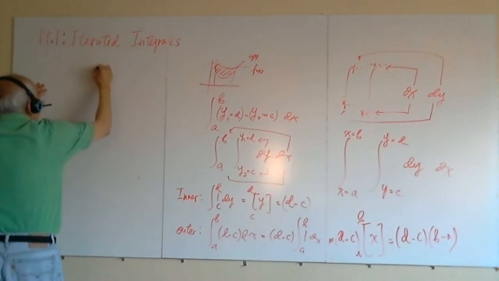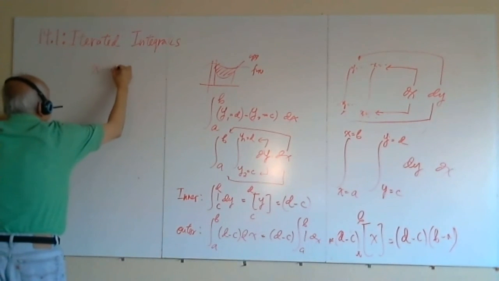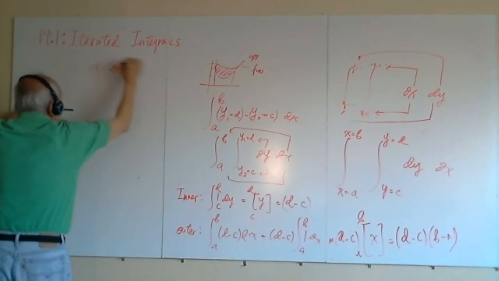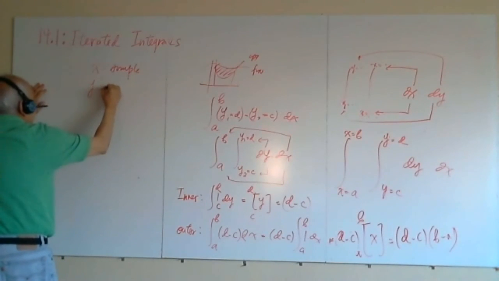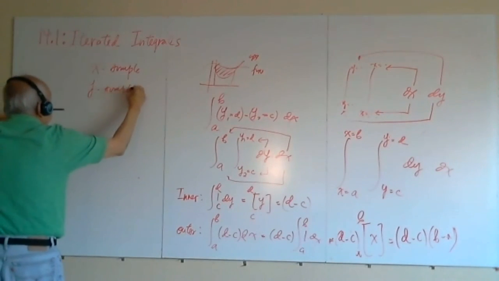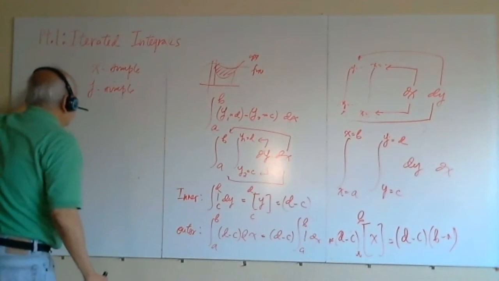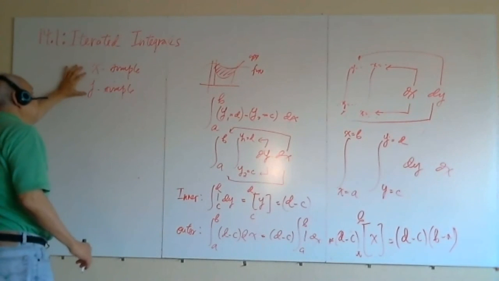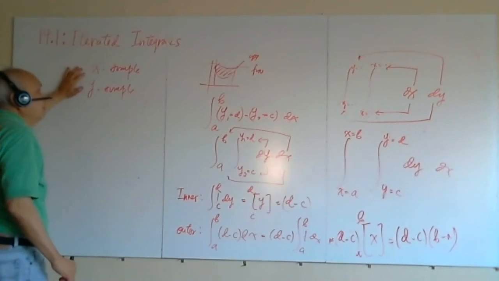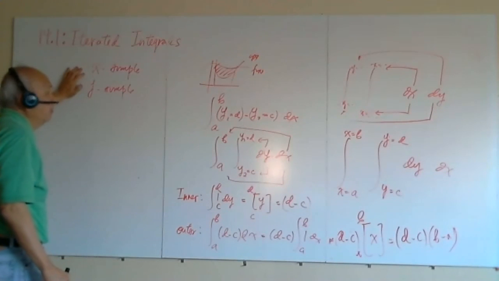There is such a thing as what we call X simple and Y simple. I think you already learned it in Calculus 1, but we never formally formalized this idea.